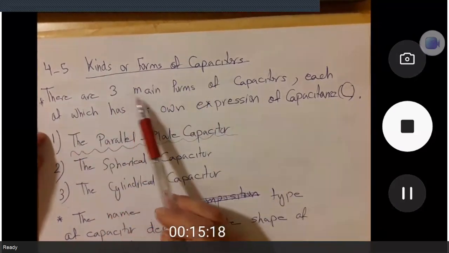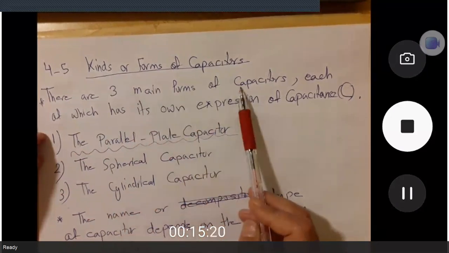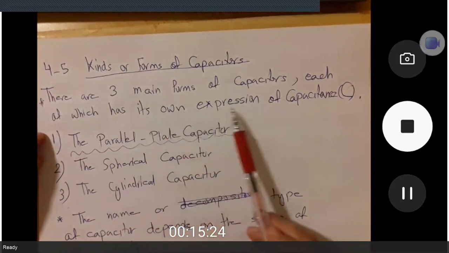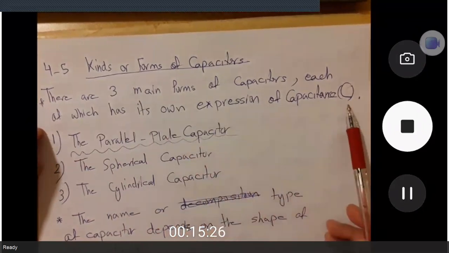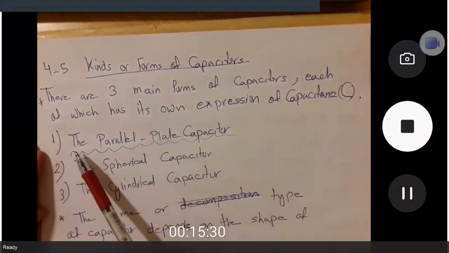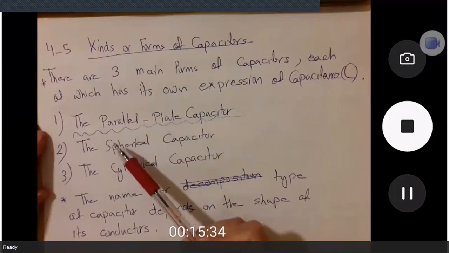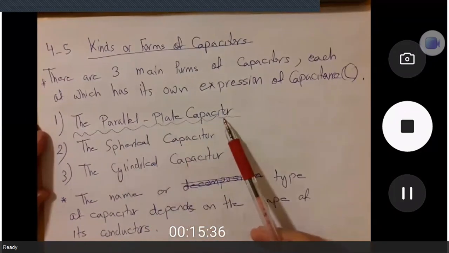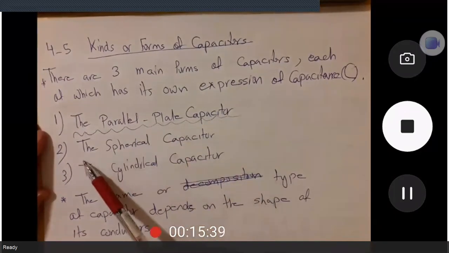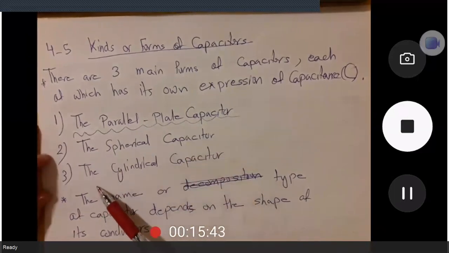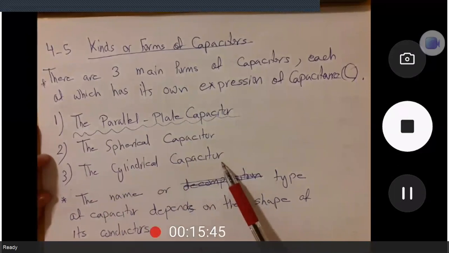There are three main forms of capacitors, each of which has its own expression of capacitance C. The first form is the simplest and most common: the parallel plate capacitor. The second is the spherical capacitor, and the third is the cylindrical capacitor.